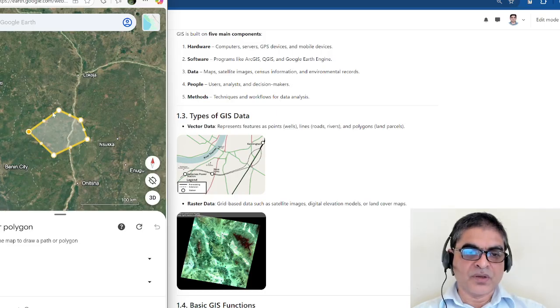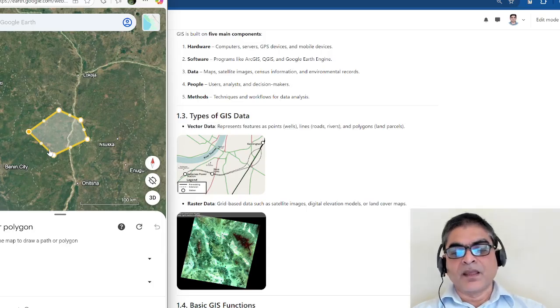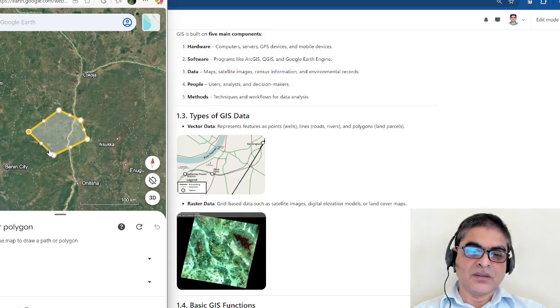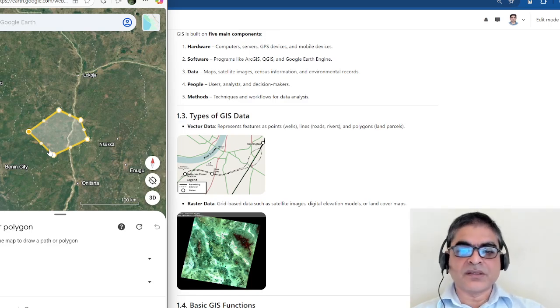This is the vector data. It has its own importance when we do cadastral mapping, when we do digitization, when we are digitizing a road, or we are making a point. If we have the GPS data in the form of points, so all this is what? This is vector data.